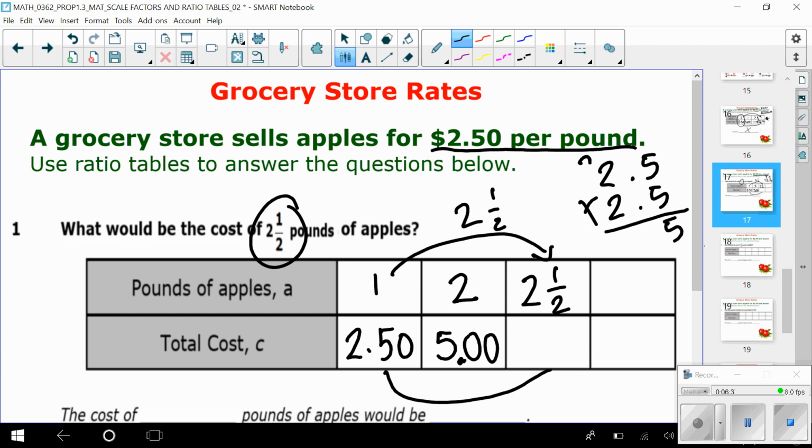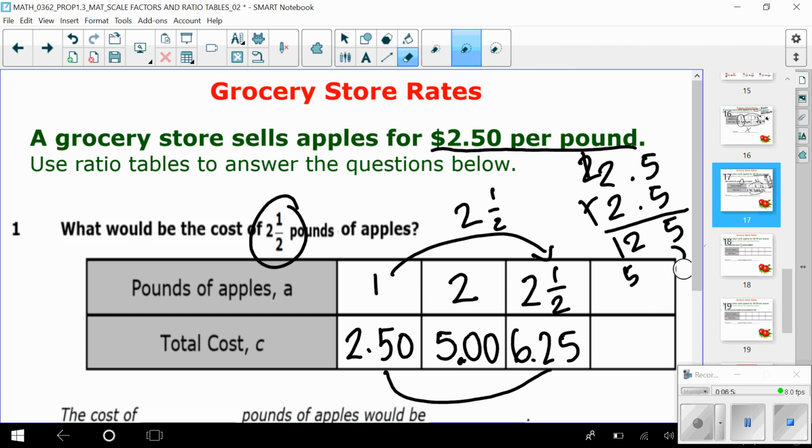And I'm going to get, so when I multiplied by that scale factor, I got $6.25. Okay. So that's one way, using that between scale factor, if you want to multiply by all those decimals.